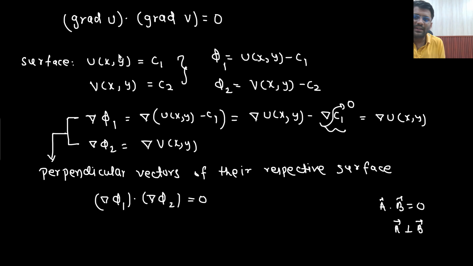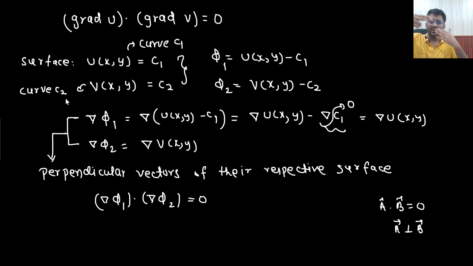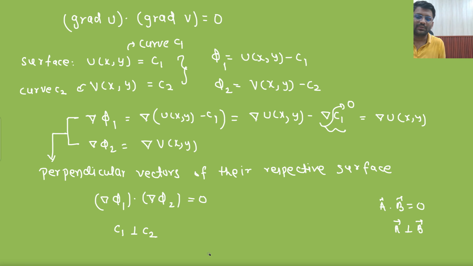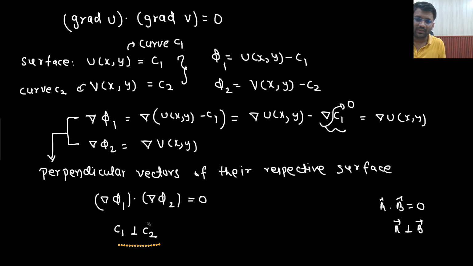That means if I call it curve C1 and I call this curve C2, then the perpendicular vectors of C1 and C2 are orthogonal to each other. That means your curve C1 is perpendicular to curve C2, or I should say curve 1 and curve 2.